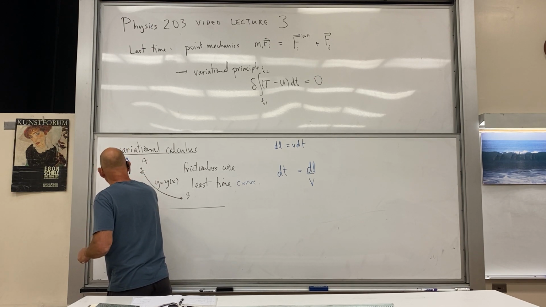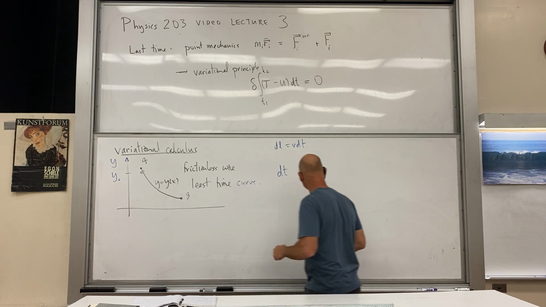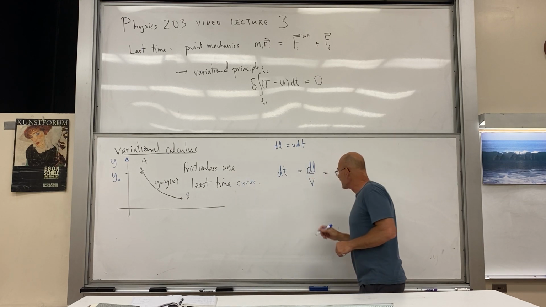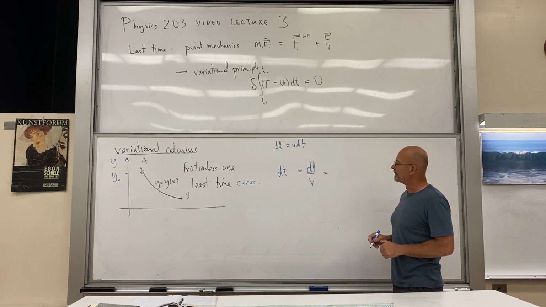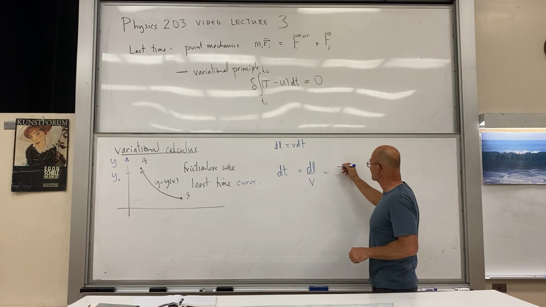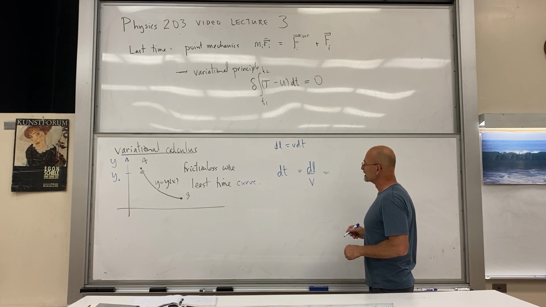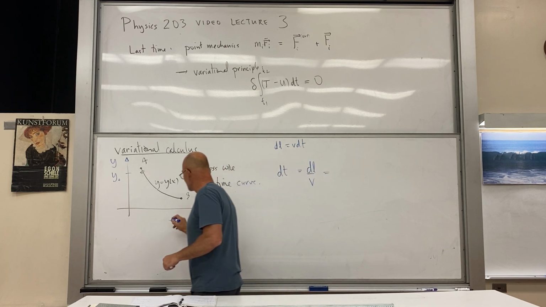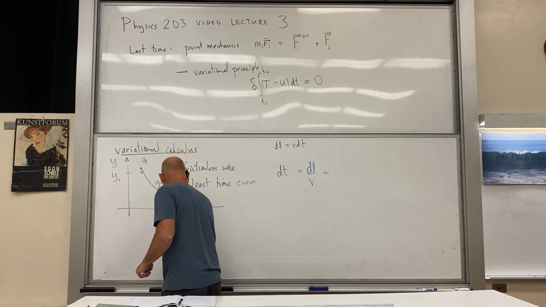I'll call this y sub 0. So the length element, I'm just going to write it down for now because we'll spend time with different length elements. Well, actually, let's derive the length element here in the plane.